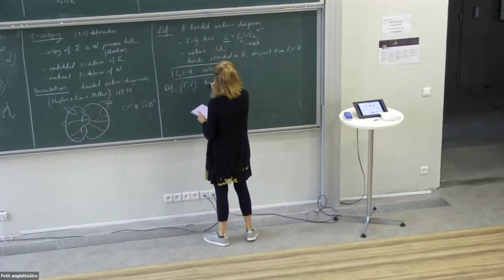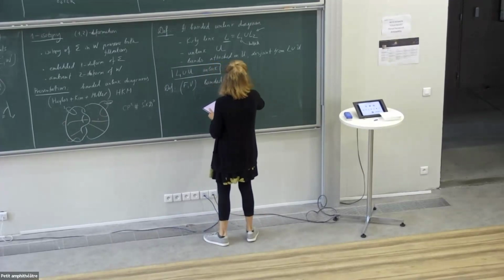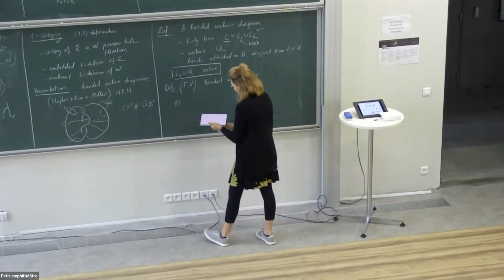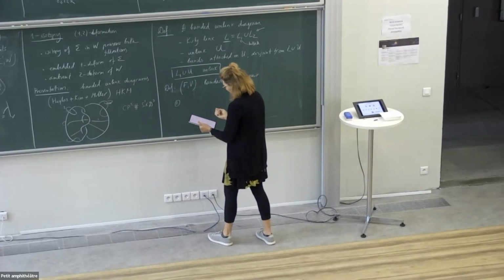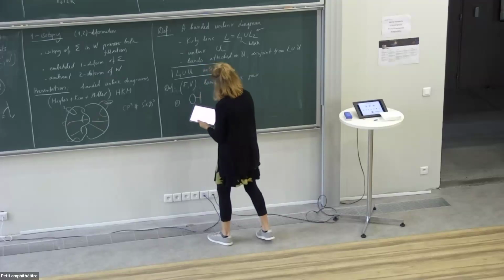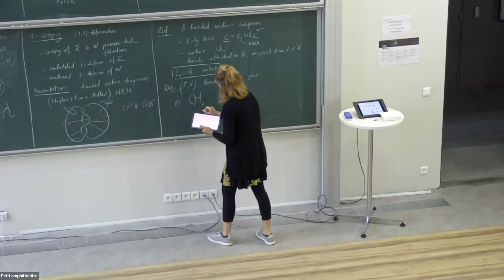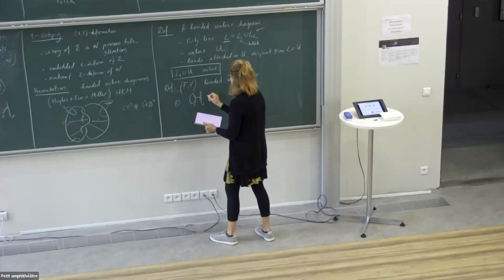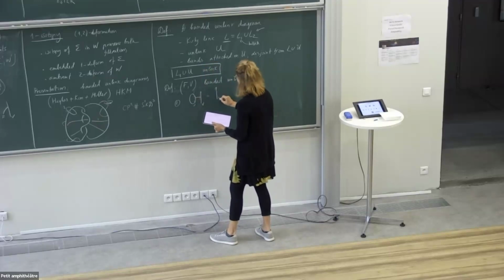They build a banded unlink pair if the following is satisfied. If I take my Frobenius algebra and act here on the module V, so this is my V, this is my V, I will do it this way. Then this is the same as identity on V.